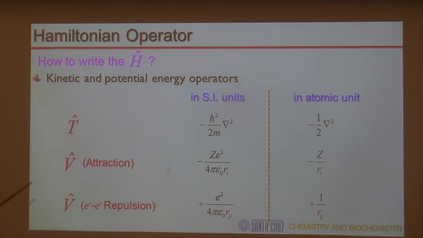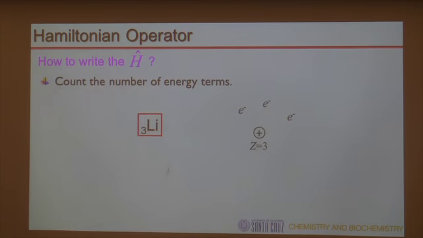Those are the basic blocks we need to know in order to construct the Hamiltonian operator. But let me give you a real system: the lithium atom. Here the subscript represents the atomic number, Z equals 3, and since the lithium atom is neutral, it should have 3 electrons.